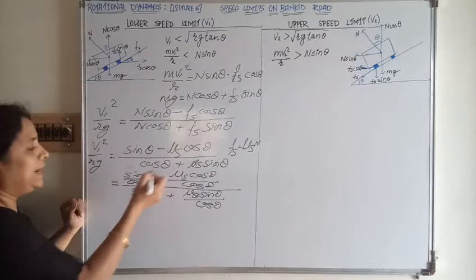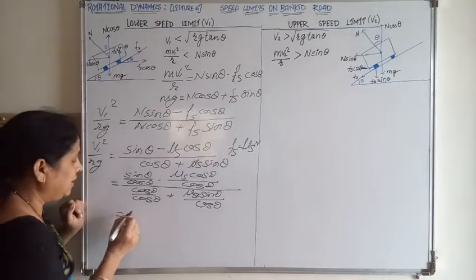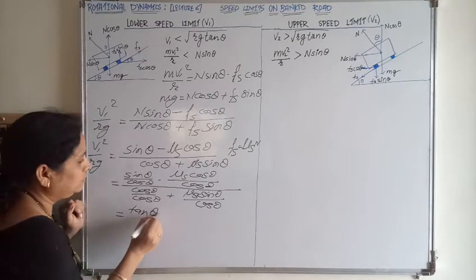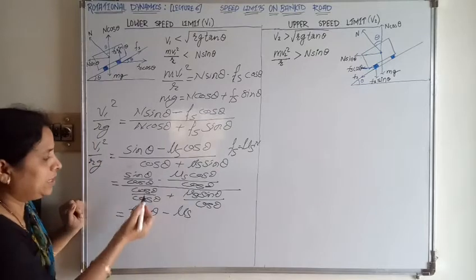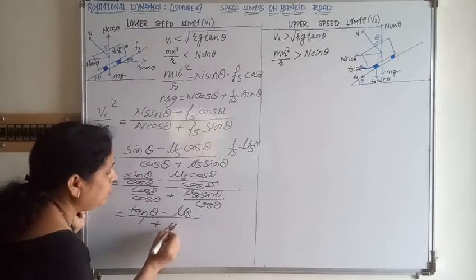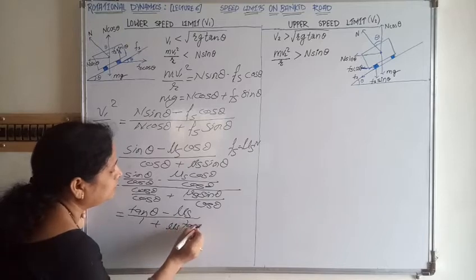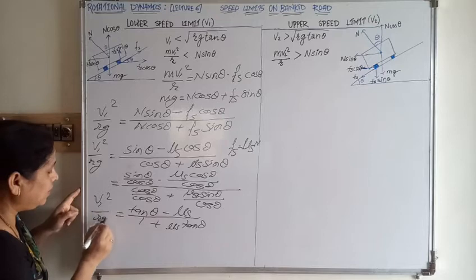Both the numerator and denominator are divided by the same term, that is cos theta. So I get here tan theta minus mu s. Cos theta gets cancelled. Here again cos theta gets cancelled. I get 1 plus mu s tan theta. This is the equation for v1 square upon rg.